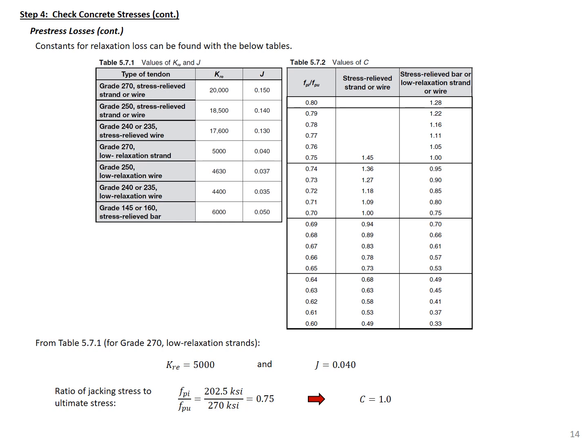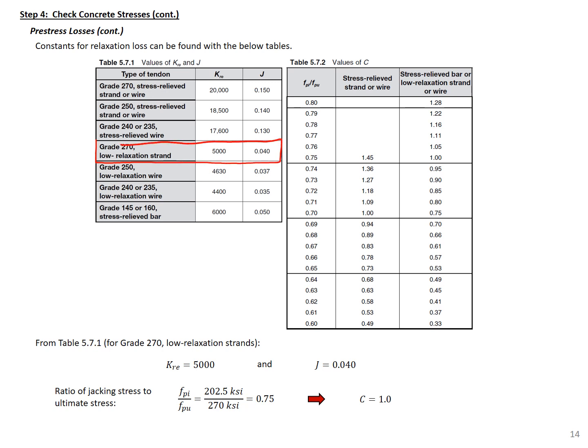For relaxation, we need to use 2 tables from the PCI design handbook. These are dependent on the type of the tendon and also the amount of prestressing that's in the tendon initially. For us, we're going to use grade 270 low relaxation strands, so we're going to be right here in our table.